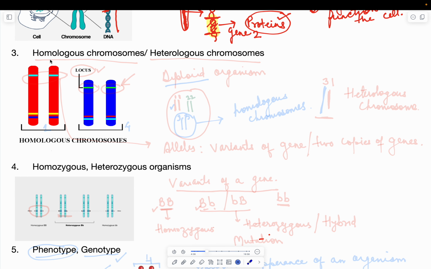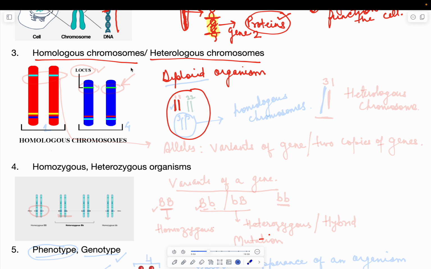So the next part is homologous chromosomes and heterologous chromosomes. We are diploid organisms. What do we mean by diploid organism? If you look at a somatic cell of your body, you have two members of each chromosome, right?